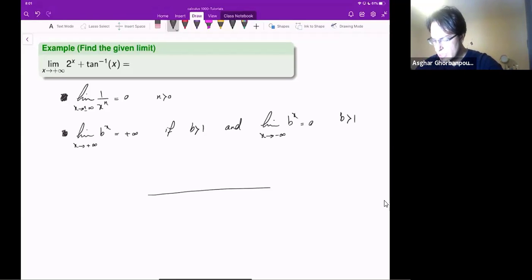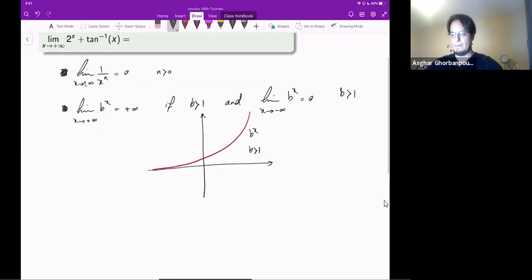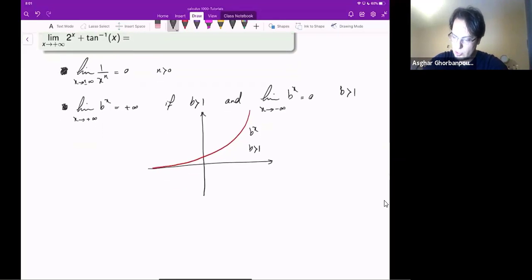In other words, the graph of the exponential function for a base bigger than 1 is like that. So these two I should put in the box.